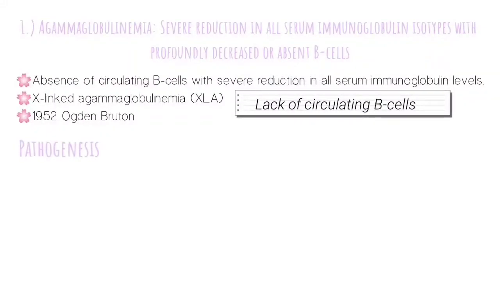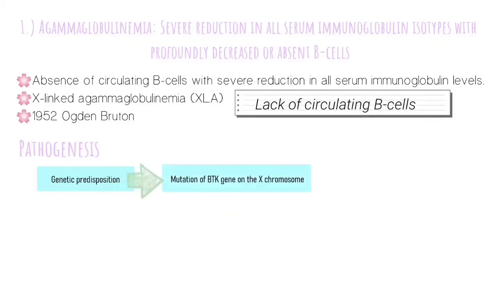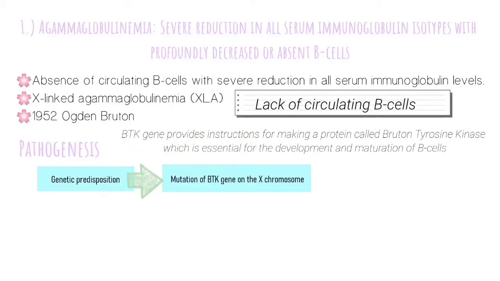For the pathogenesis, X-linked agammaglobulinemia is caused by a genetic predisposition which causes a mutation of the BTK gene on the X chromosome. The BTK gene provides instructions for making a protein called Bruton tyrosine kinase, which is essential for the development and maturation of B cells.